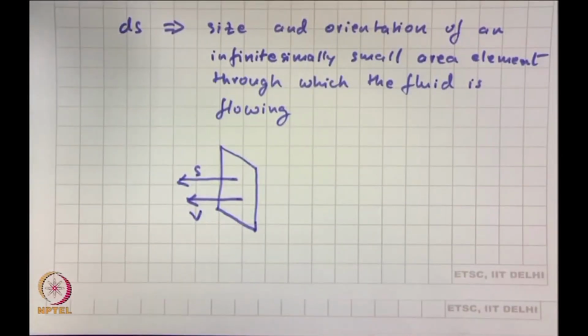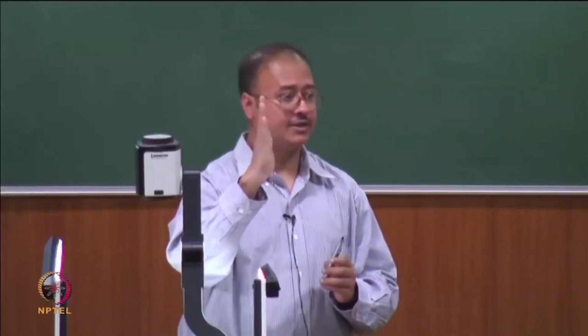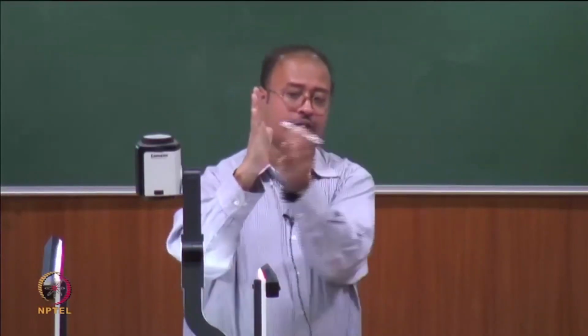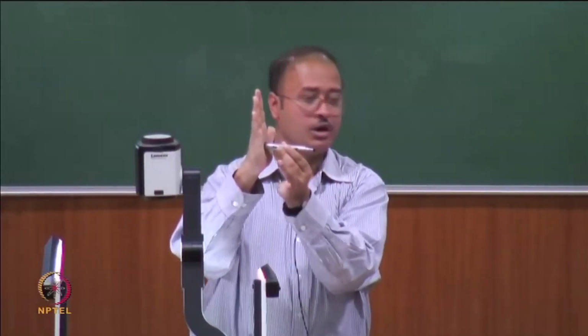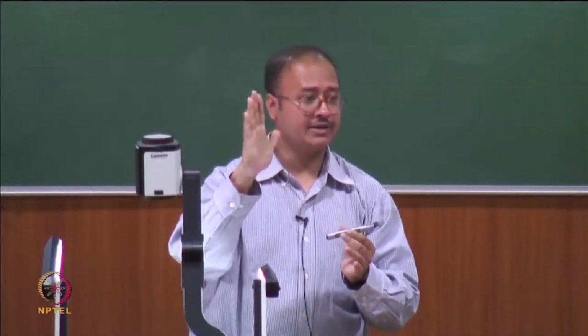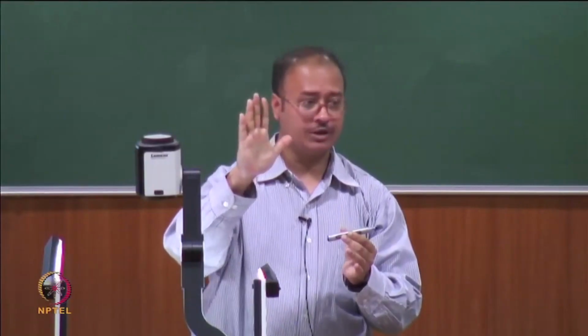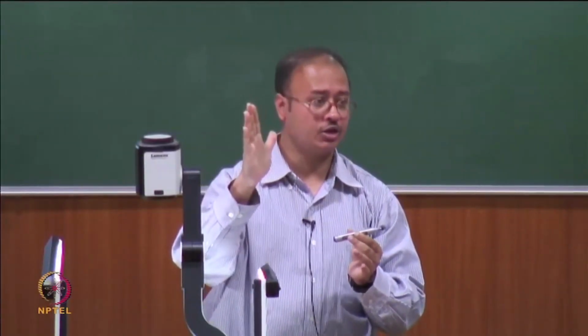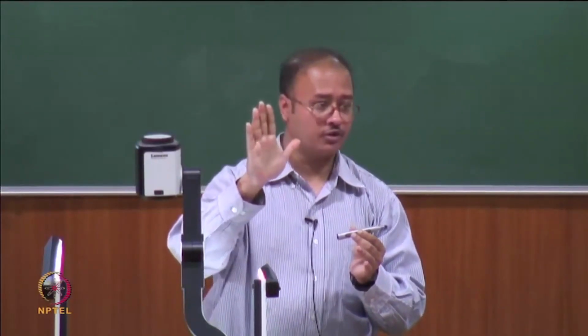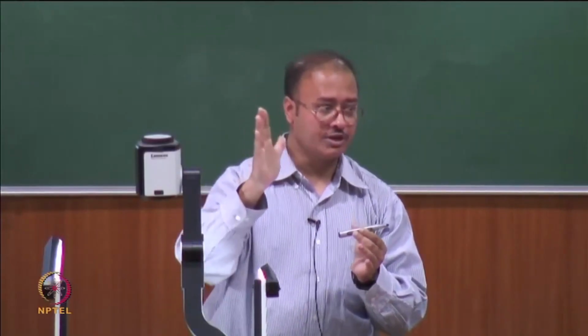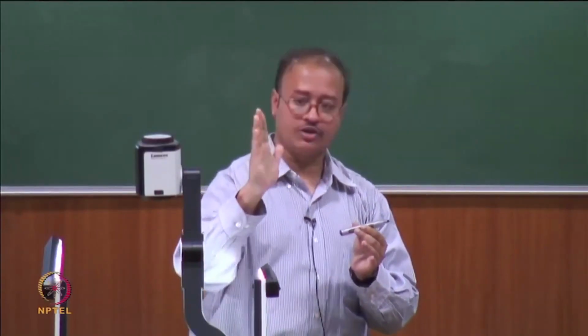Now, you move your plane like this. That means you change your direction of orientation or your direction of the velocity flow. So, it is not necessarily like this, your velocity can also be like this.